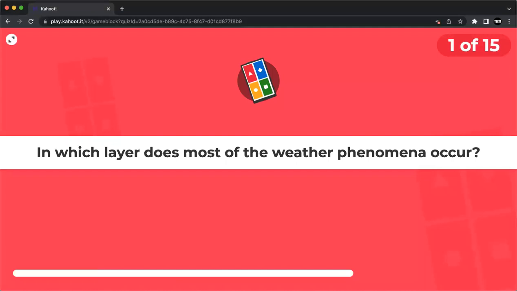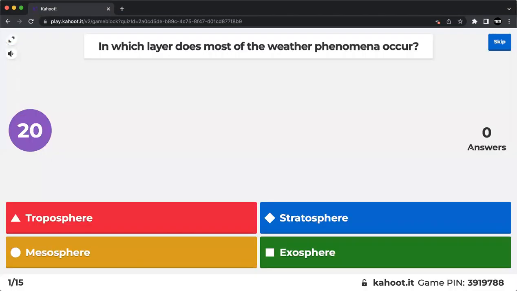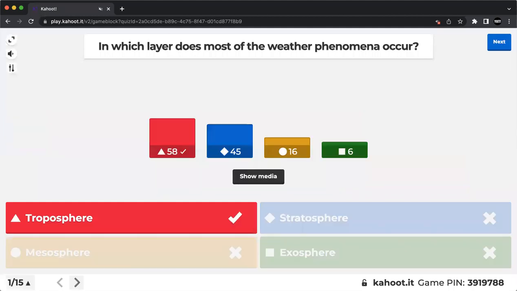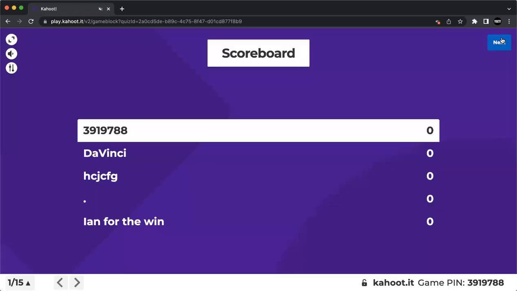In which layer does most of the weather phenomena occur? Yep, the troposphere. Good job.